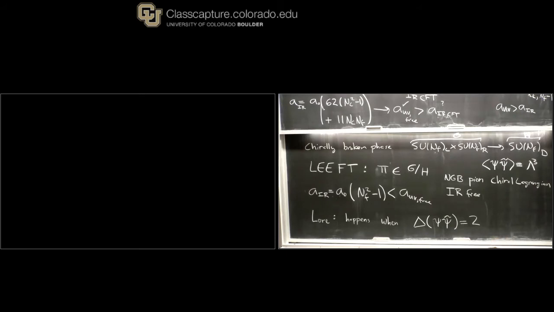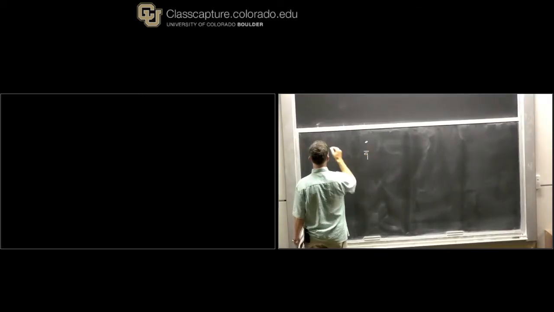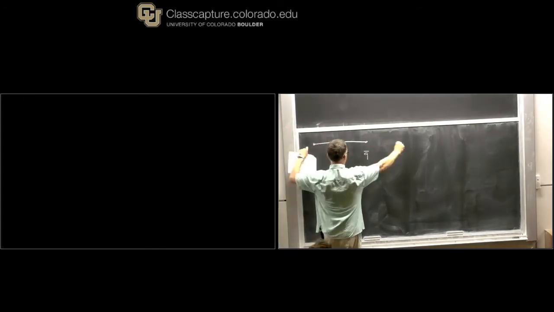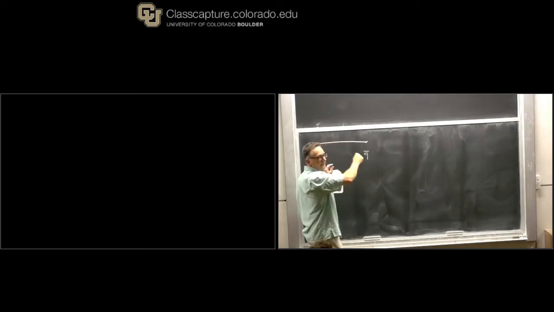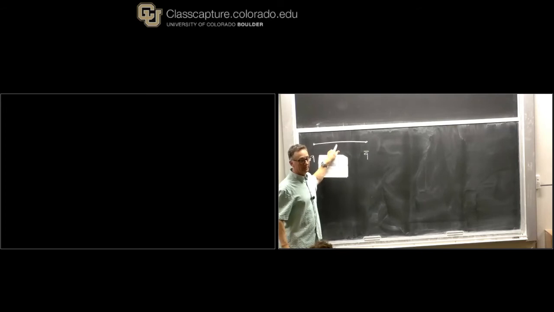Okay, and so one of the questions that I wanted to mention a little bit about was why didn't I refer to this as a confining phase? And so just one brief point about that is that as long as N_F is non-zero, there isn't confinement in the strict sense, because if we look at a Wilson loop, or if we think about some sources with a Q and Q bar and this kind of flux tube, then if there are massless fundamentals, as we separate this farther and farther apart, eventually you can pop a quark and an anti-quark out of the vacuum, and then the flux tube can break.